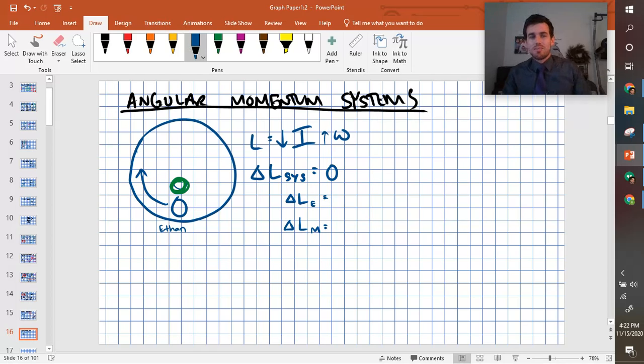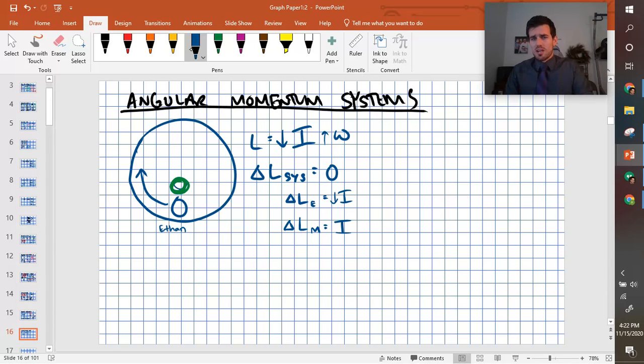So for Ethan, when Ethan leans forward, his rotational inertia is going to decrease. Let's look at the merry-go-round. When Ethan leans forward, its rotational inertia does not change at all.